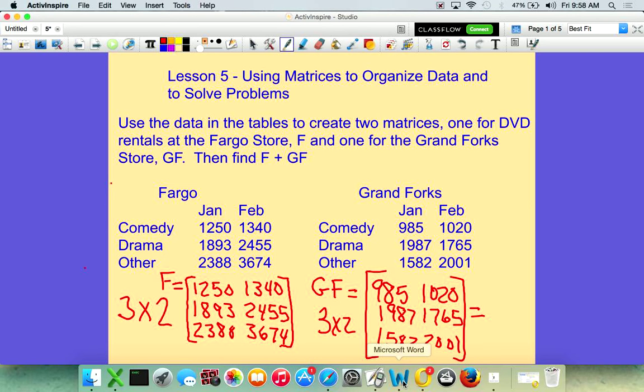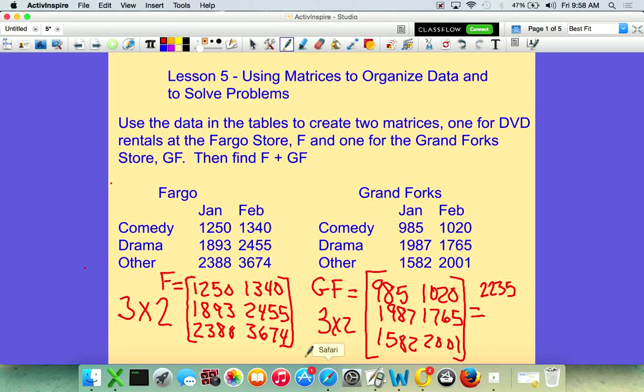Now it says find Fargo plus Grand Forks, or F plus GF. And all we do for this, the only time that we can add matrices is if the dimensions are exactly the same. Well, since both of these are a 3 by 2 matrix, we can add these two together. And all we do for our first spot is take 1250 plus 985, and we put that in the exact same spot. So that would be 2235.